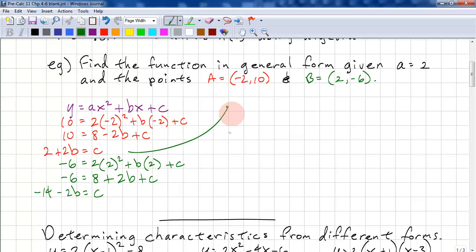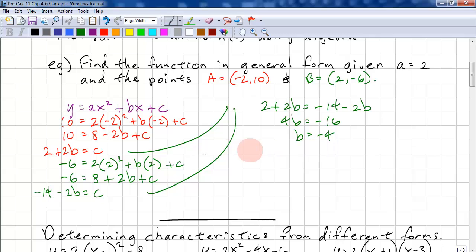Now we have these two equations we can put together. 2 plus 2b equals negative 14 minus 2b. Bring the 2b over to the other side, we have 4b. Bring the 2 to the other side, and we have negative 16. So b equals negative 4. We can plug the b back into here.